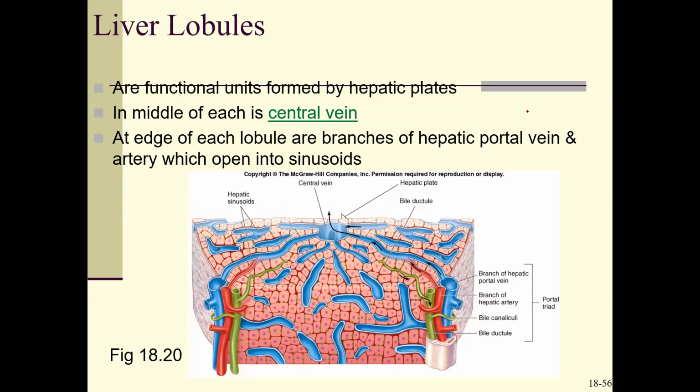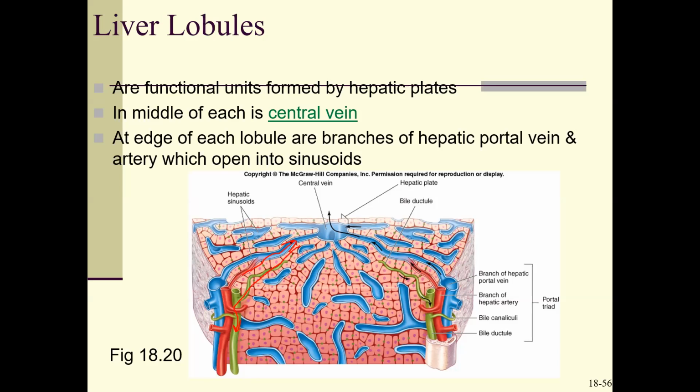Now, one other thing about hepatocytes. Hepatocytes make bile. While blood is flowing in this direction, bile is flowing this direction. So bile is going away from the hepatocytes.